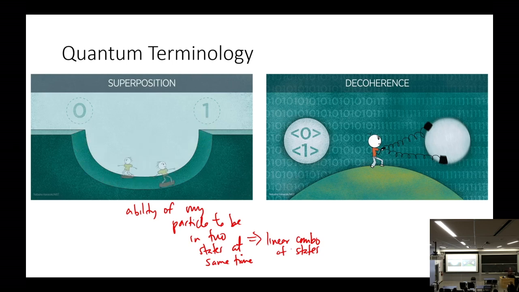David Wineland, who received the Nobel Prize in 2012 for his experimental work in this field, gave an analogy for superposition. He deals with trapped ions, which we'll hear about from Sarah later in the class. He gave the analogy of his trapped ions being a marble in a bowl. So the marble can roll back and forth, and in normal times, it will be on one edge of the bowl, or I'll roll it over to the other edge, and it'll be there.